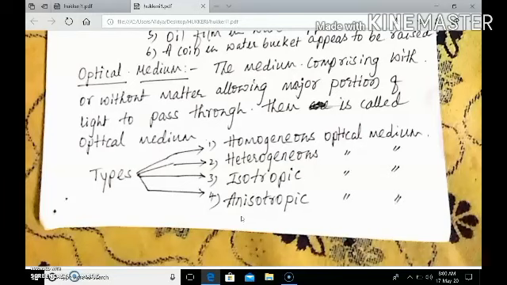So in these media, the speed of light is the same in all possible directions. Fourth one, anisotropic optical medium. The medium in which the light travels with different speeds in different directions is said to be anisotropic.